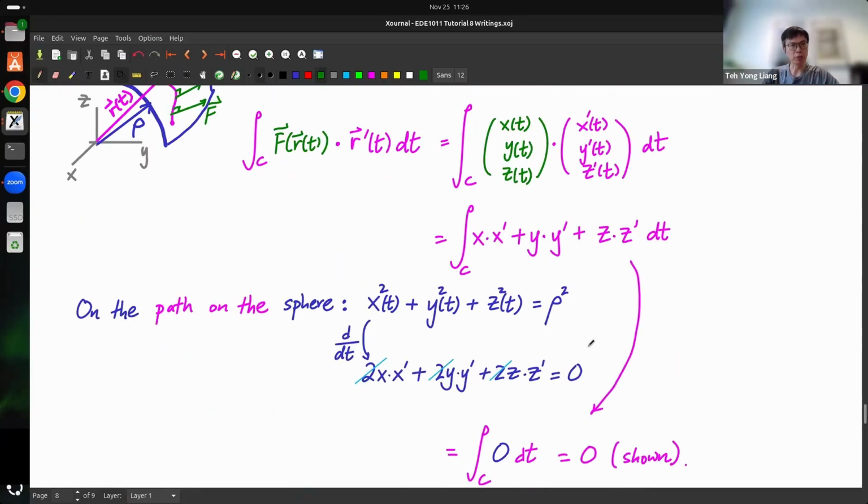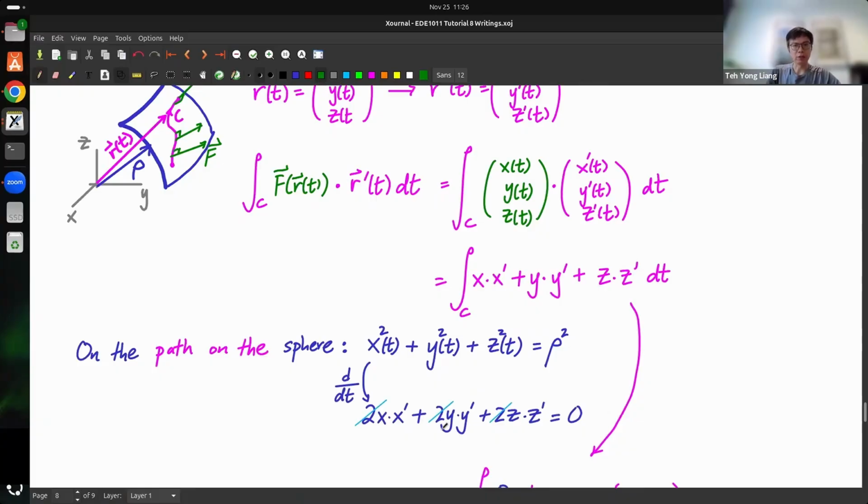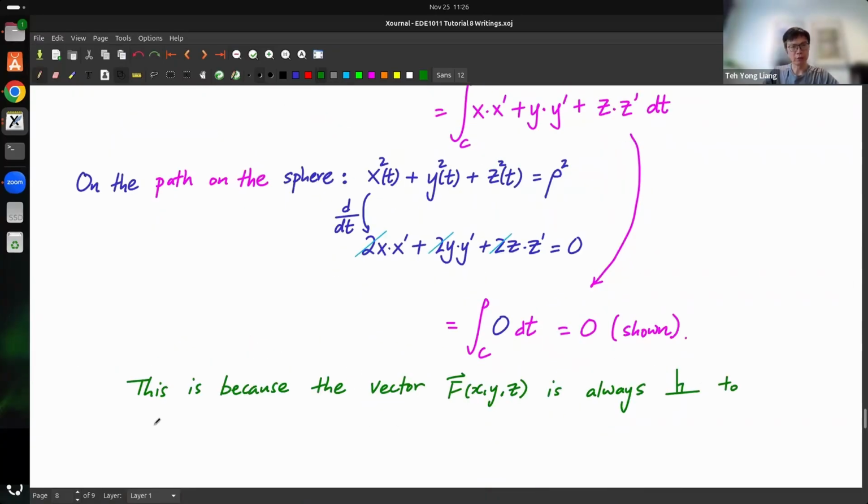Maybe I can explain right here: path C, at all points, F dot dr is always 0.